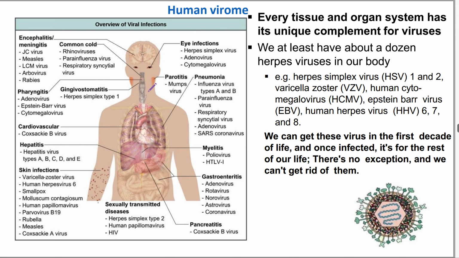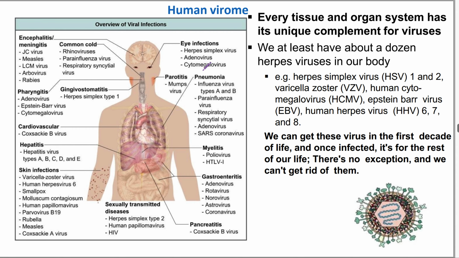Pharyngitis, inflammation of the pharynx, is caused by adenovirus or Epstein-Barr virus, or also coxsackievirus. Coxsackievirus is responsible for cardiovascular disease, and there are also hepatitis viruses that infect liver cells. There are different viruses like smallpox and papilloma virus that infect skin, and some viruses, adenovirus and cytomegalovirus, that infect the eyes.